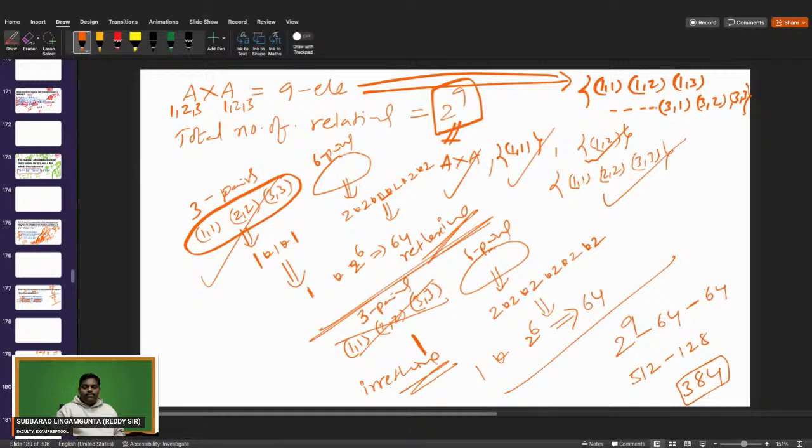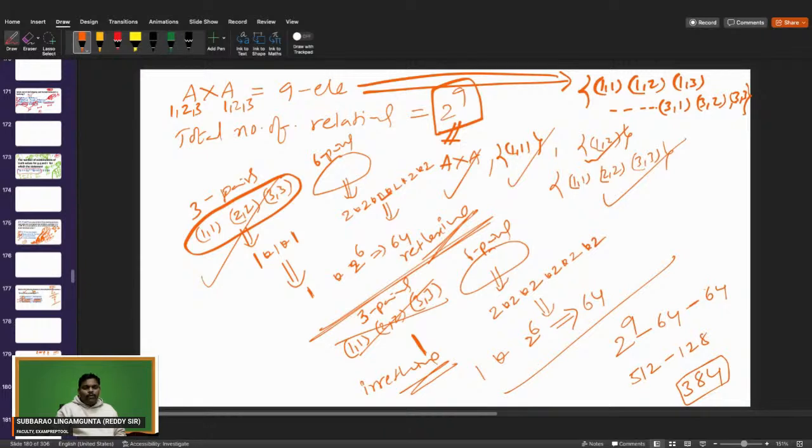Reflexive relations 64, irreflexive relations 64. Total relations are 512. 512 minus 128 is going to be 384. It is not 389, it is 384.